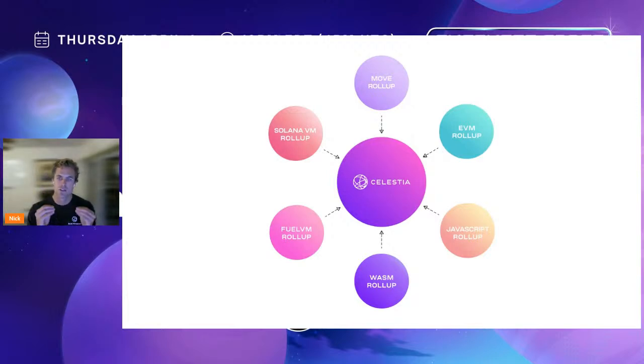You can choose what kind of operating system you want to run your program on. It gives you full control over the execution part of the stack and allows you to customize things and do things that you can't do when you're building on a monolithic chain, where those choices have been made for you.